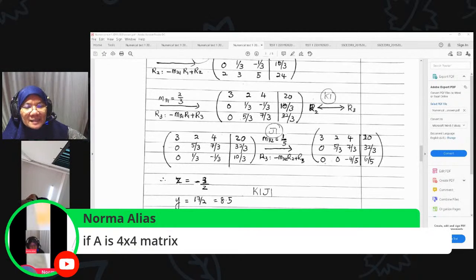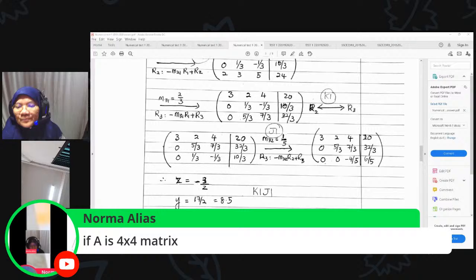Then the next is row 3: 1, 2, 3, 4, 5, 6. Then the next is row 4: 1, 2, 3. So altogether, 25 elements. You need to calculate 25 times because you are using the formula to rearrange the elements.